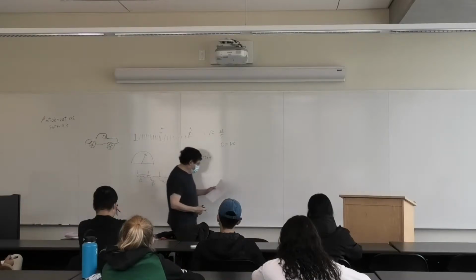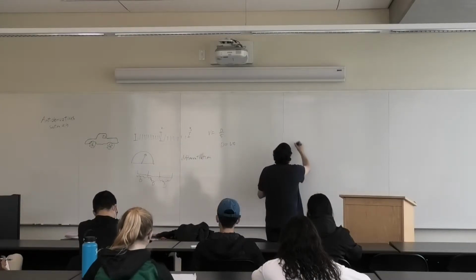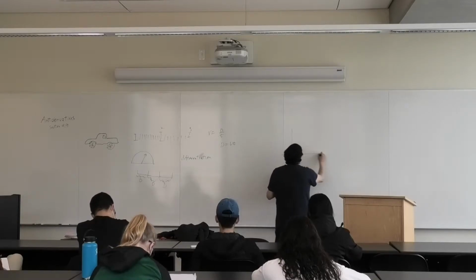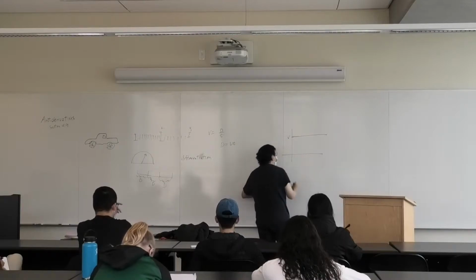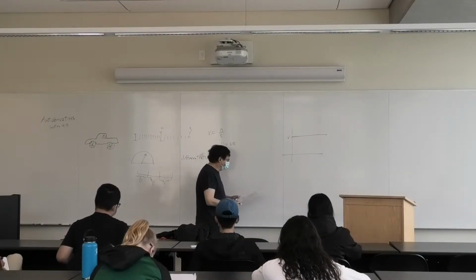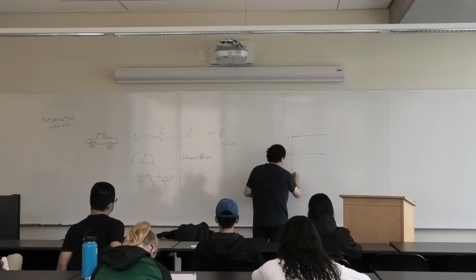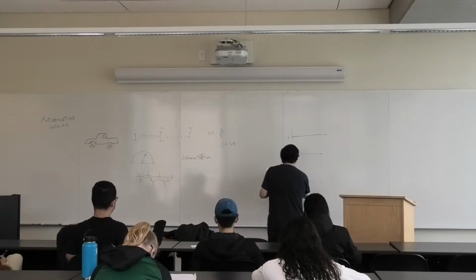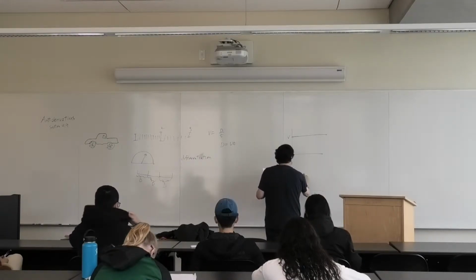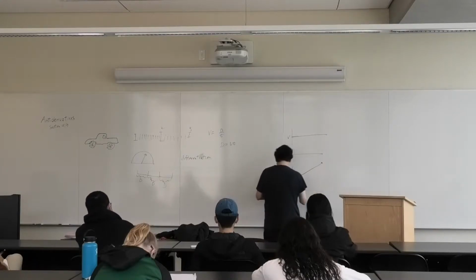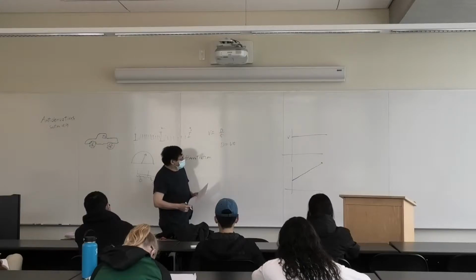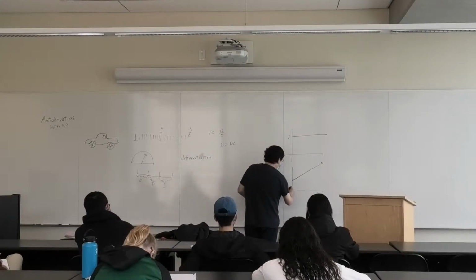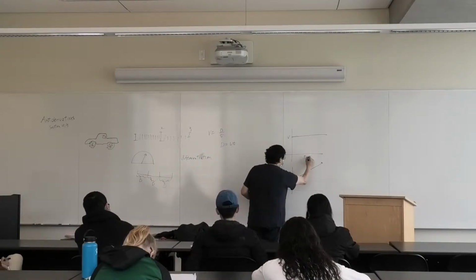As a very simple example, if your velocity was a constant, then your distance would just increase linearly. This is distance, and these are both time.